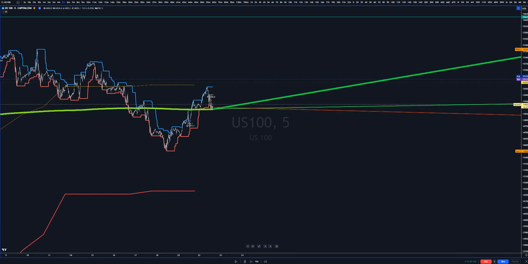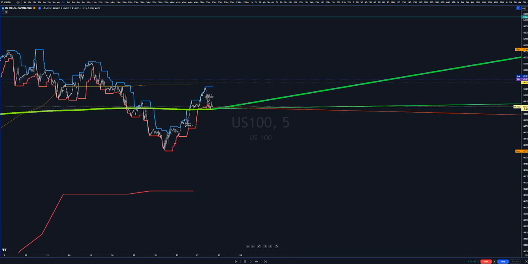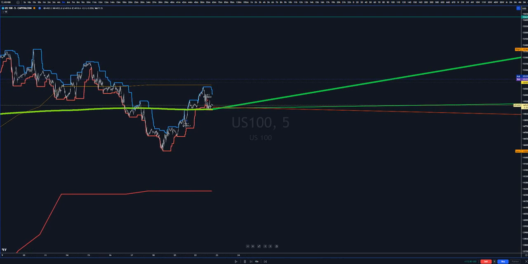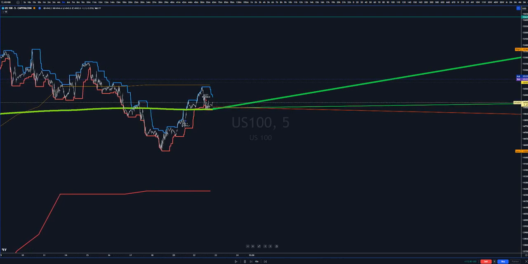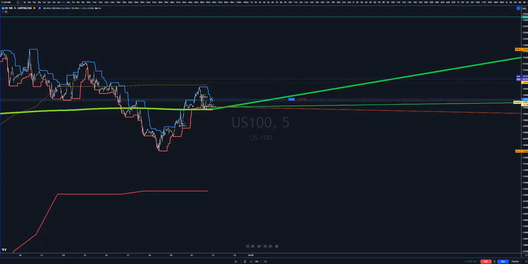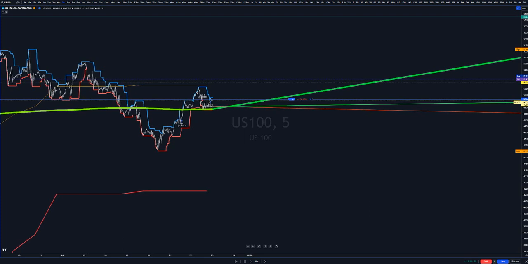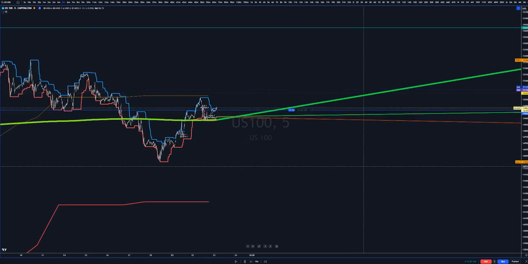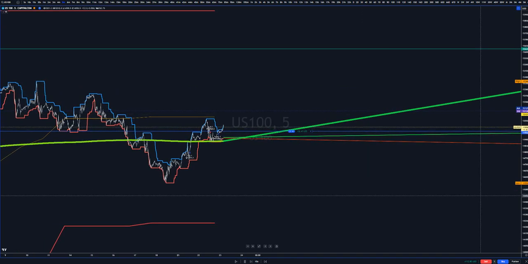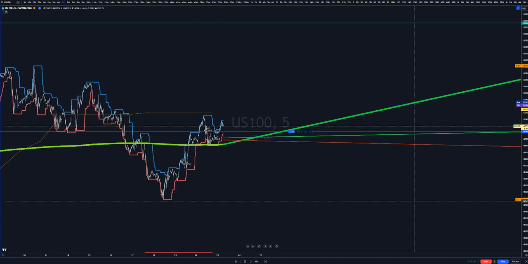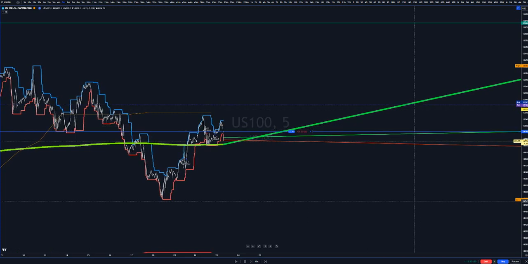Okay, the first one is $100. Now Donchian is bearish, but the indicator is bullish. We take only bullish signals. And we take the next bullish trend. The stop is the same, the low channel. And this is on 5-minute chart.